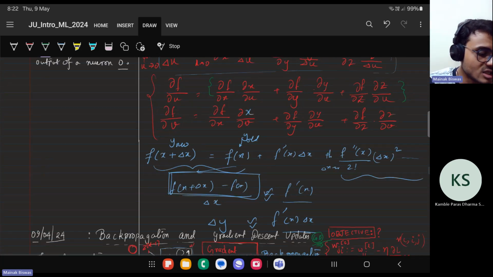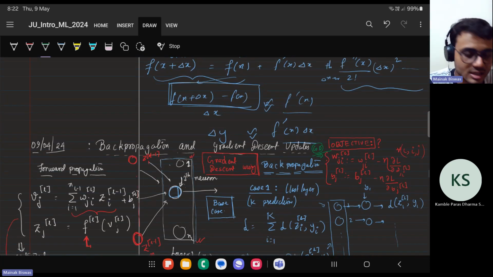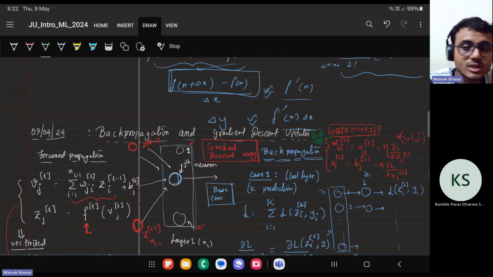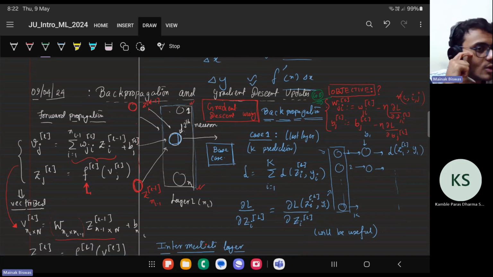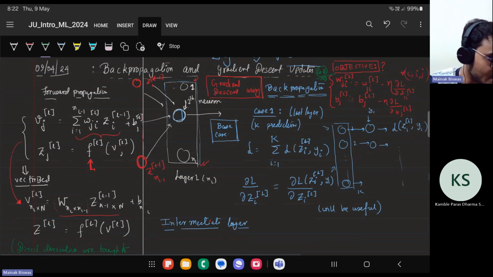So the idea is, how can you simplify it? There's a simple way, and that is what we do in backpropagation. I'll give you one intuition and then start with the base case.